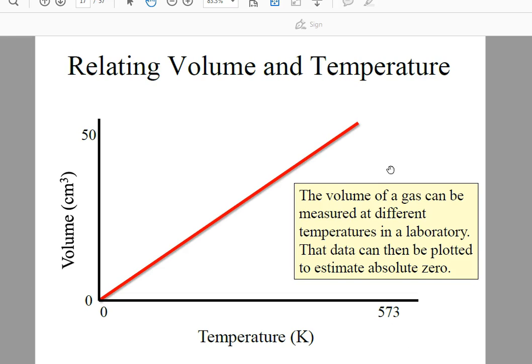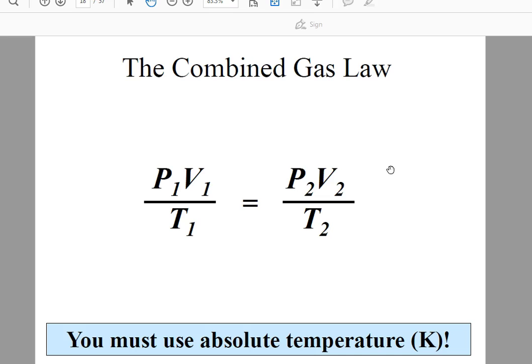All right, so there's that graph. The third relationship is the relationship between pressure and temperature, but instead of giving it its own equation, we have this equation that combines all three variables. Again, I'm going to make this equation simpler by cross-multiplying.